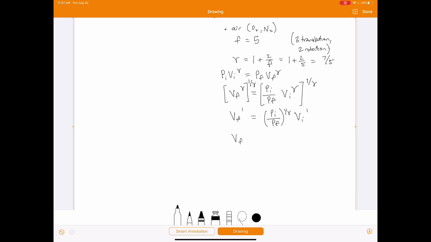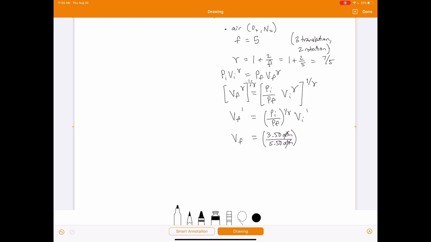V final, the ratio of the pressures, P initial divided by P final. Well, P initial was 3.5 atmospheres. P final was 5.5. And notice how it doesn't really matter what unit we put in there because it just goes away. And then the power is 1 over gamma.